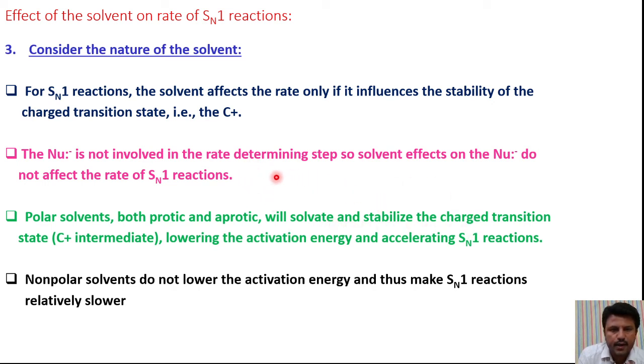Since the carbocation is stabilized by polar solvents, it readily forms, so the corresponding alkyl halide readily reacts. Non-polar solvents do not lower the activation energy, so they do not influence these reactions.